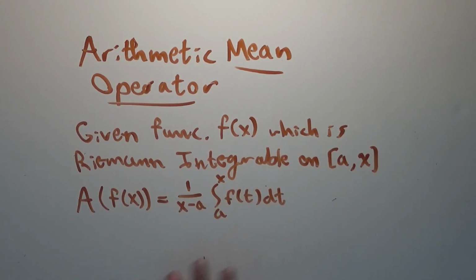This integrates the function from a to x, then divides by the length of the interval, which gives the average value of the function over the interval from a to x.